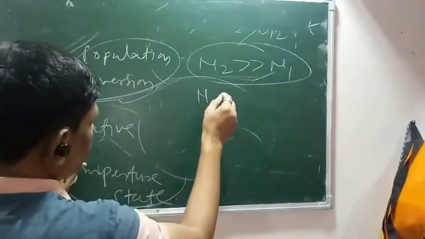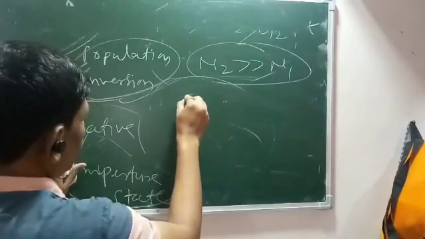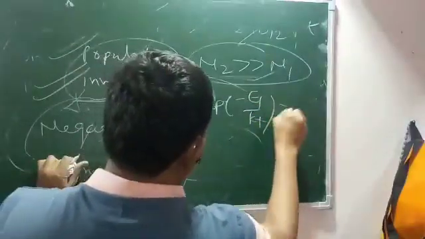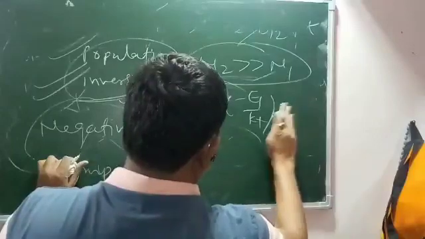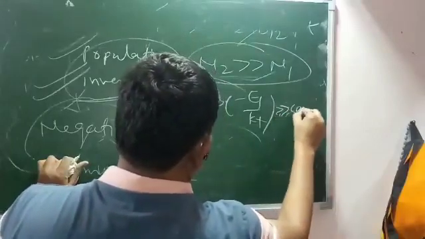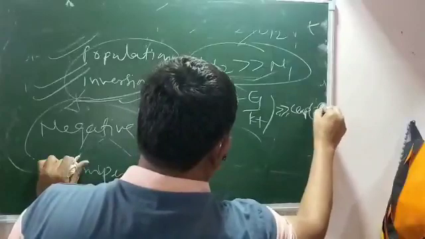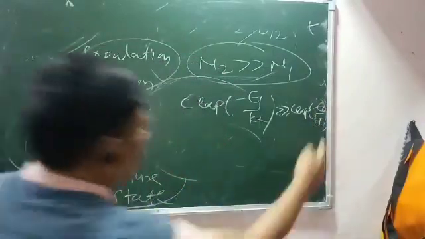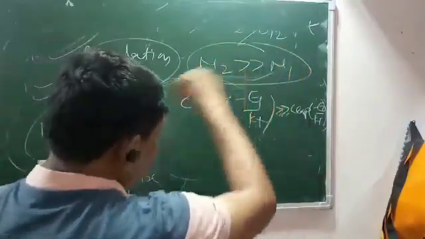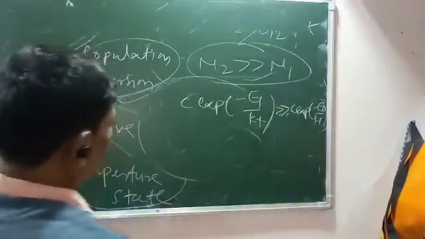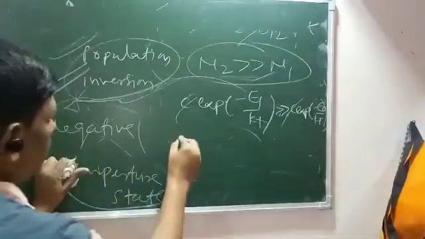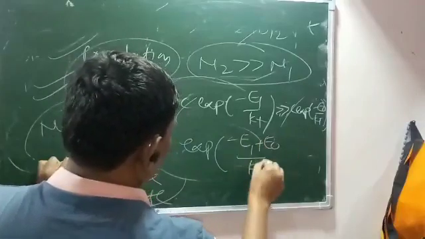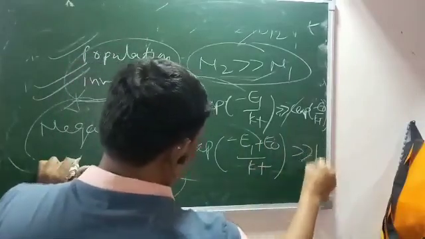N2 is equal to C times exponential of minus E1 by KT, greater than C times exponential of minus E0 by KT. In the starting section, we wrote the values of N1 and N2 in this form. So the C's cancel out, and exponential of minus E1 plus E0 upon KT is greater than 1.